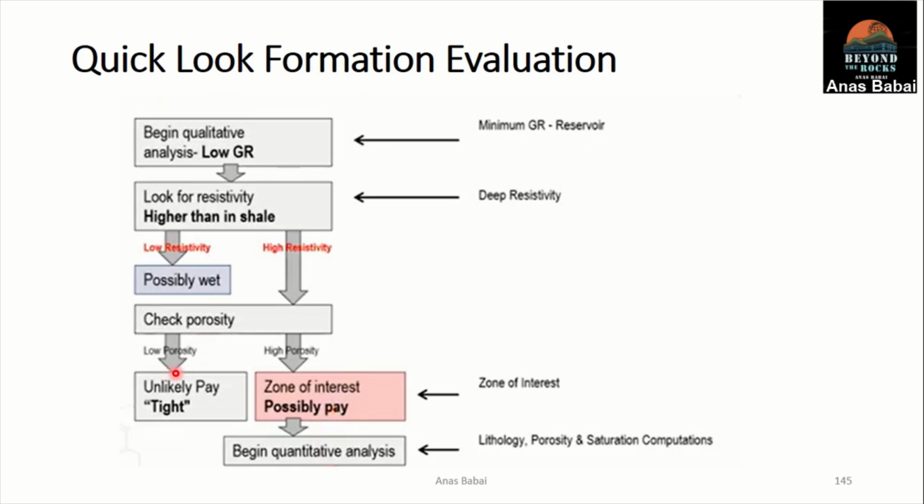If it's low in porosity, that means it's tight. The reservoir is a tight reservoir. While if we find higher porosity, that means this zone is a zone of interest, and possibly a pay zone.